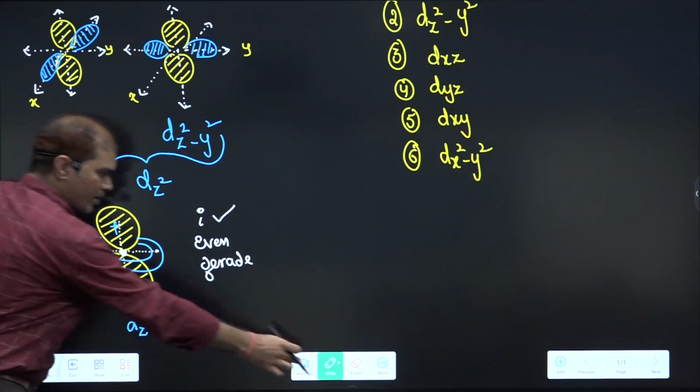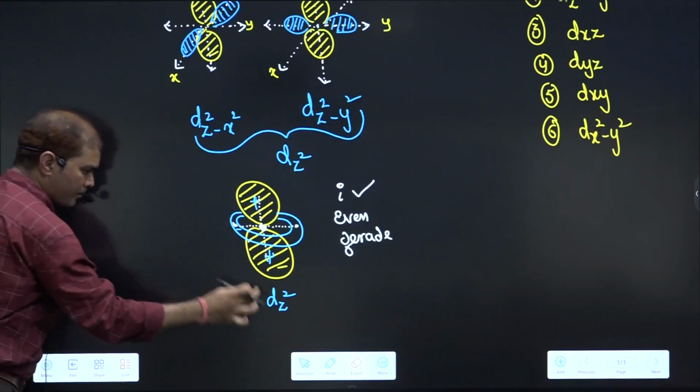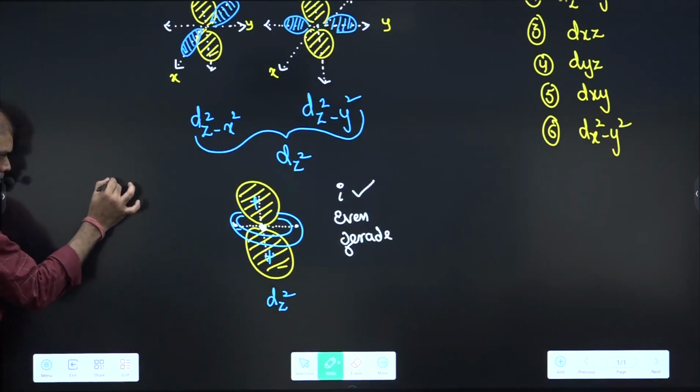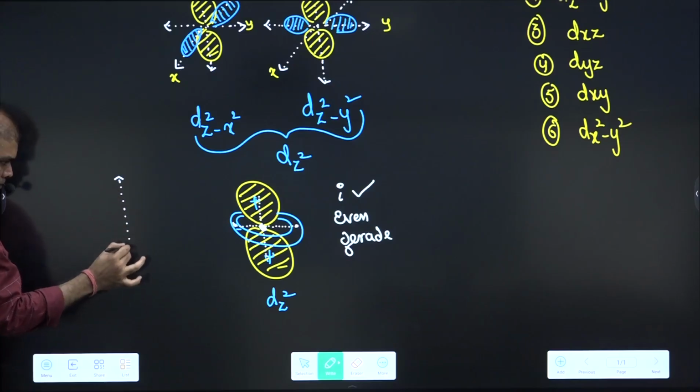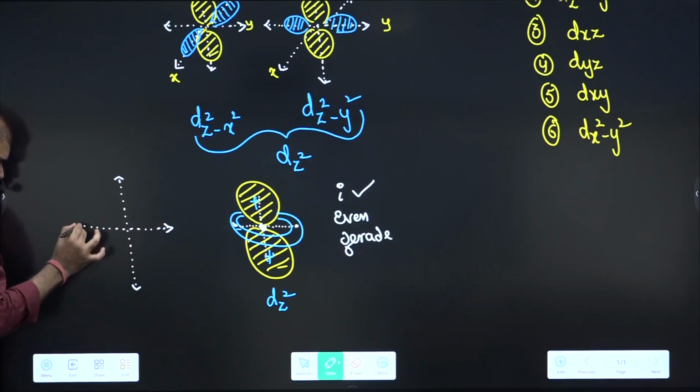First note down dz square. You write dz square is a combination of those two orbitals. You also note down those two orbitals.